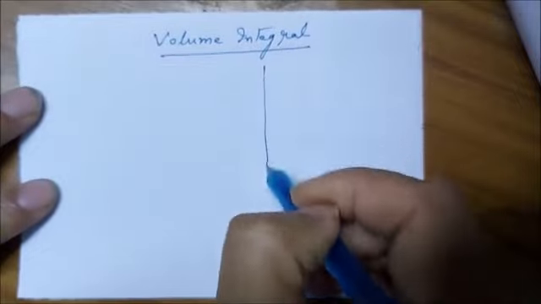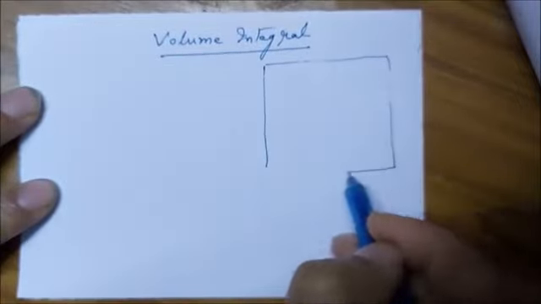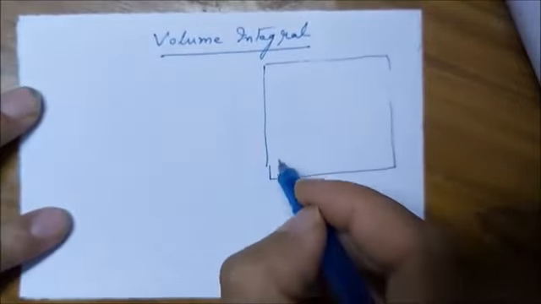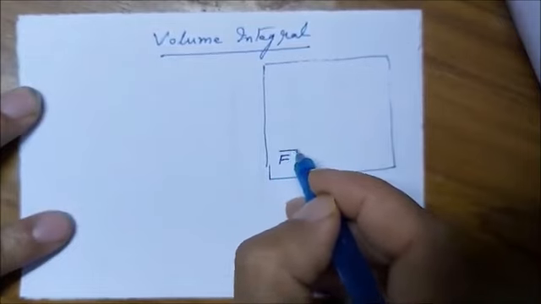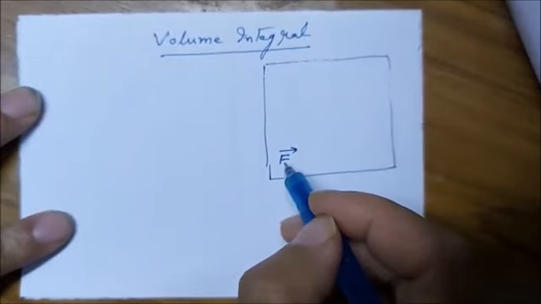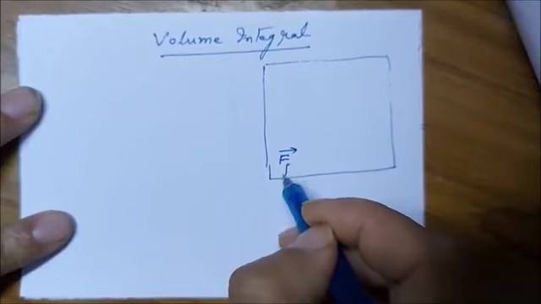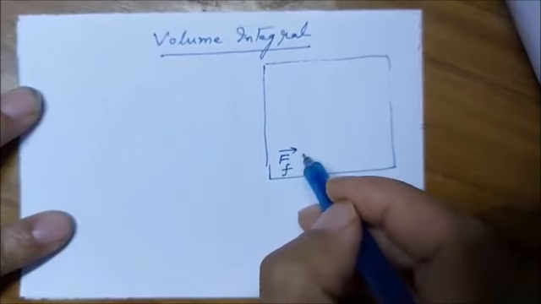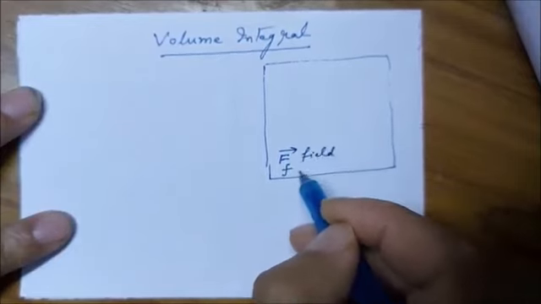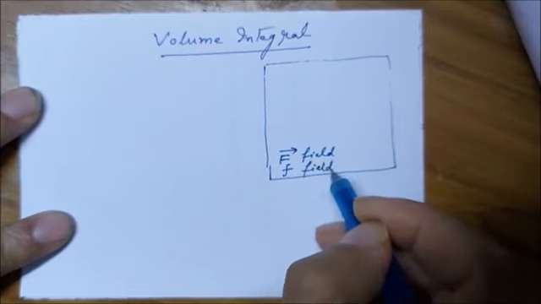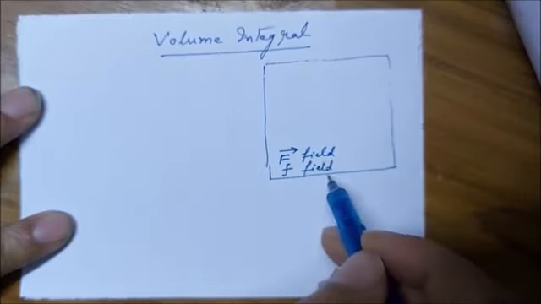Let us consider a region of space where at each and every point a vector f and a scalar f are defined. So this is a region which we may call vector f field or scalar f field.